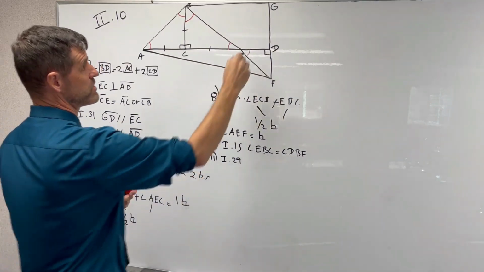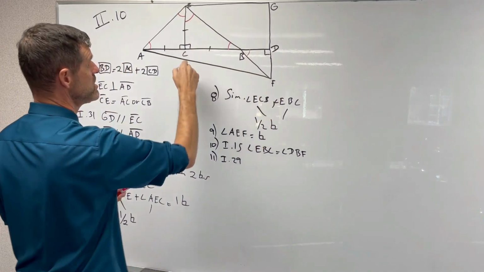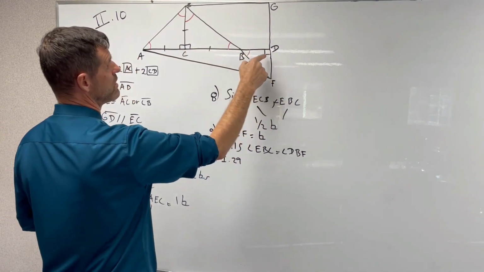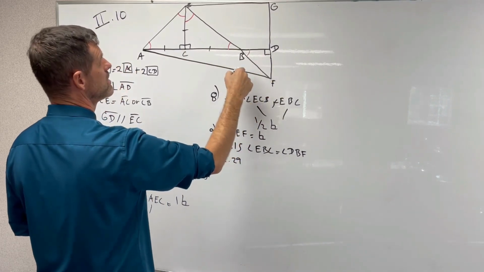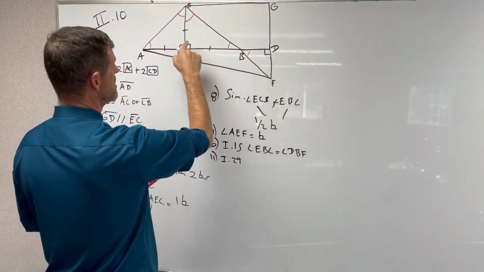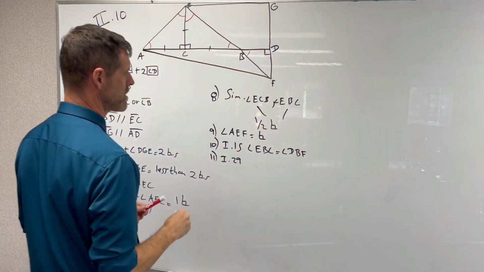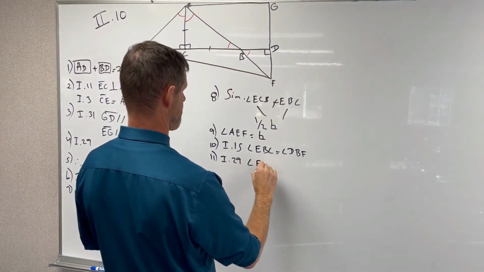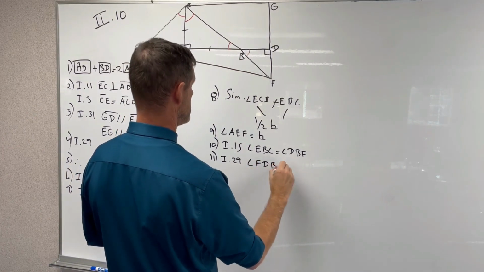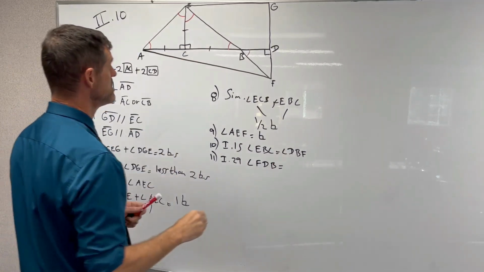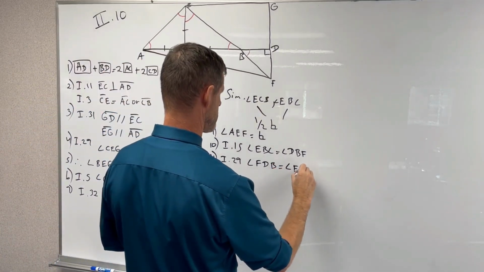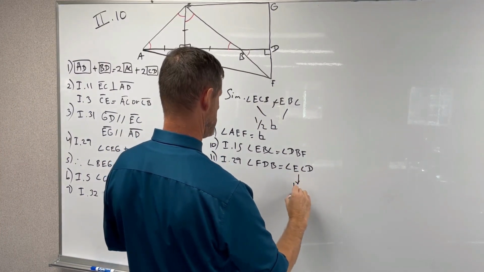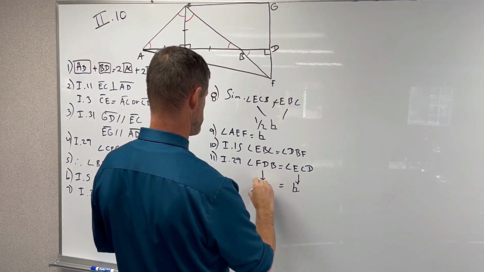So because GF is parallel to EC and they've been cut by transversal CD, the angle FDB is equal to the angle ECD, and because it's a right, then the angle BDF will be a right.